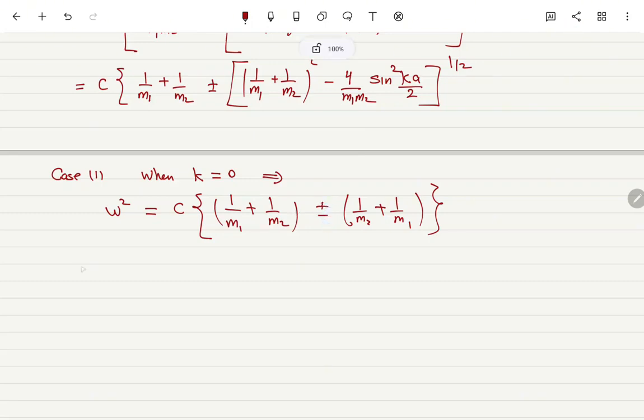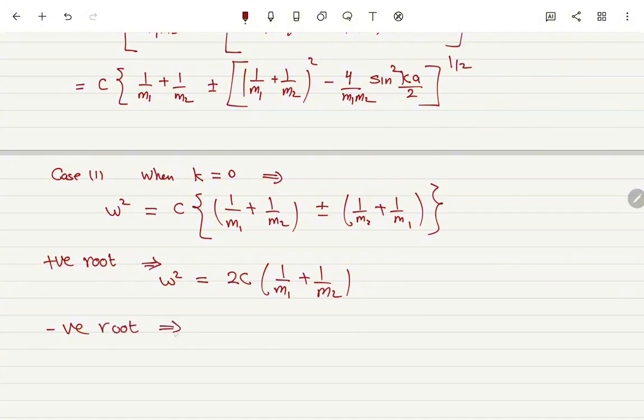So the positive root, for the plus here, omega square equal to 2c(1 over m1 plus 1 over m2). Now the negative root, omega square is equal to 0.